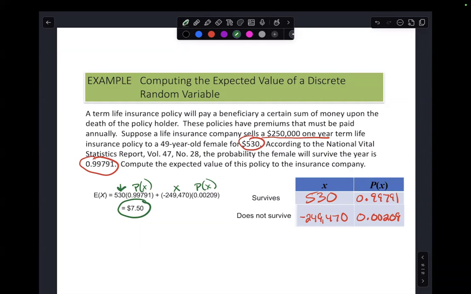Therefore, the expected value of each policy is $7.50. That's basically what each policy ends up being worth. So they're making a profit no matter what. With thousands and thousands of policies sold times the $7.50, they're still making money even if somebody dies. Questions on this?